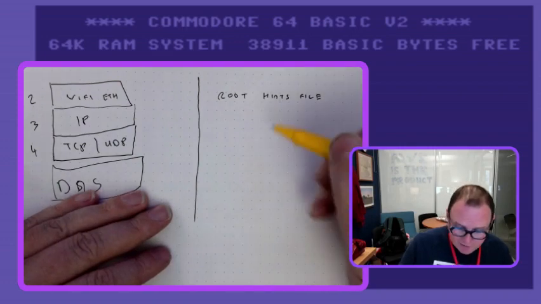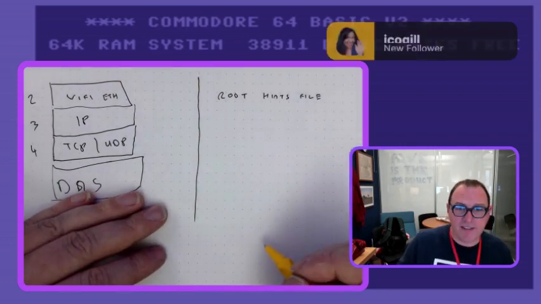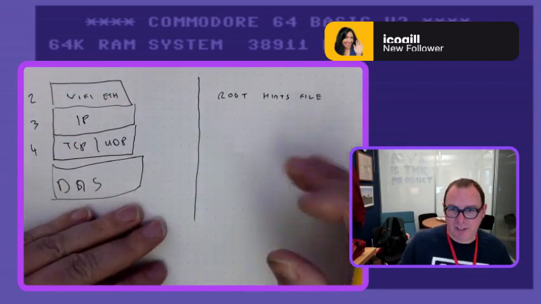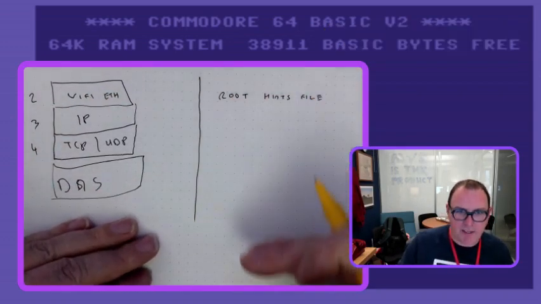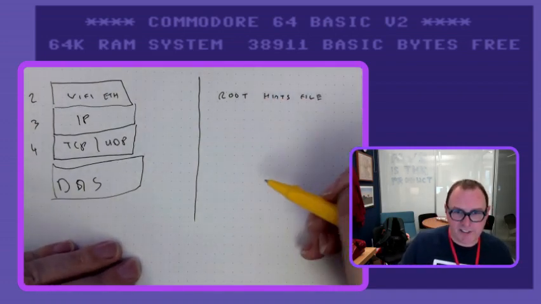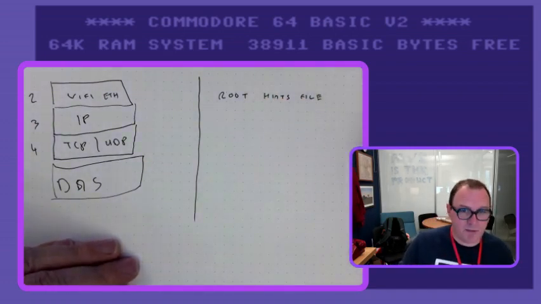So as long as one of those IPs in that list is correct, it can bootstrap. Even if there are 20 IPs in the root hints file and 19 of them are out of date, the system will still bootstrap.